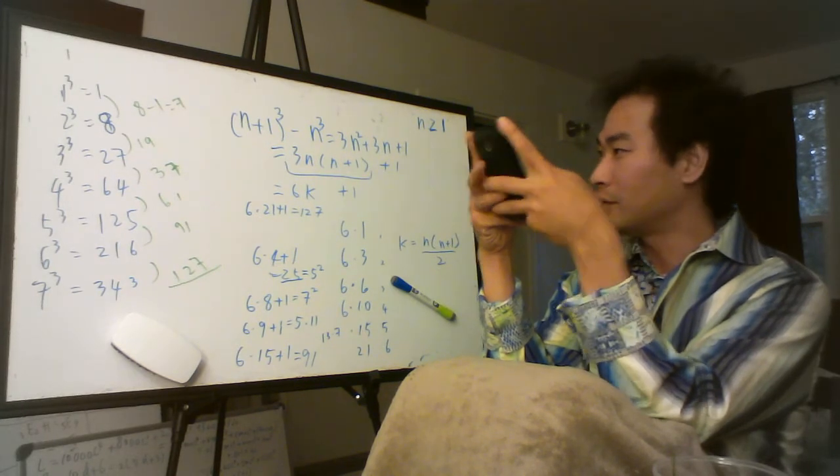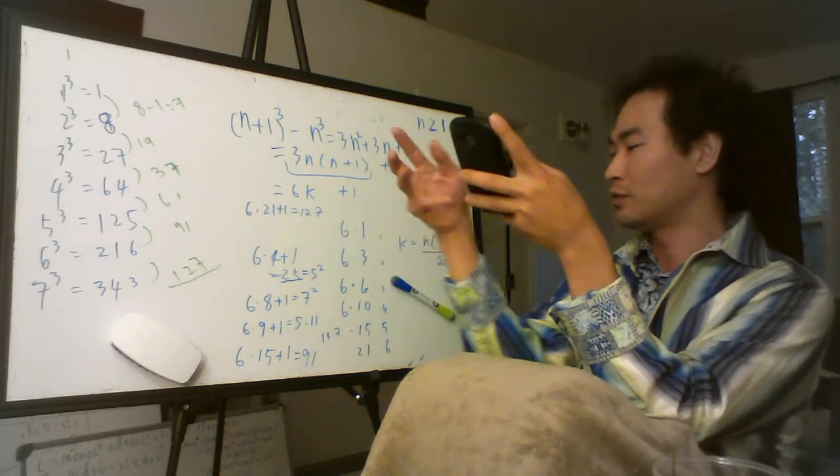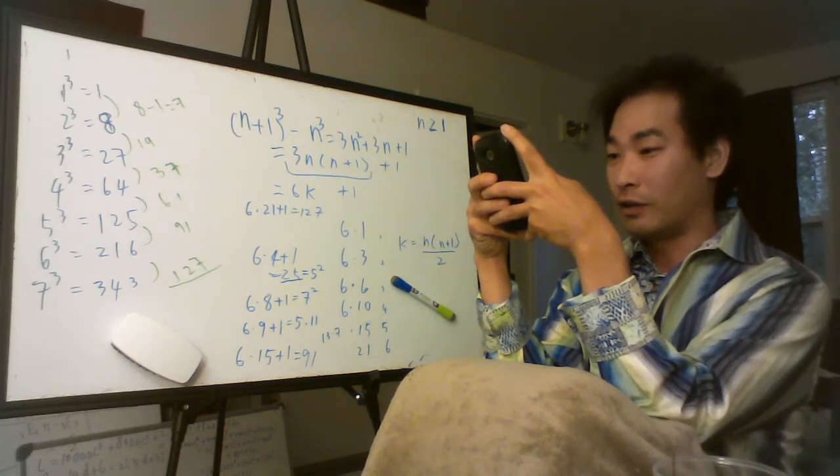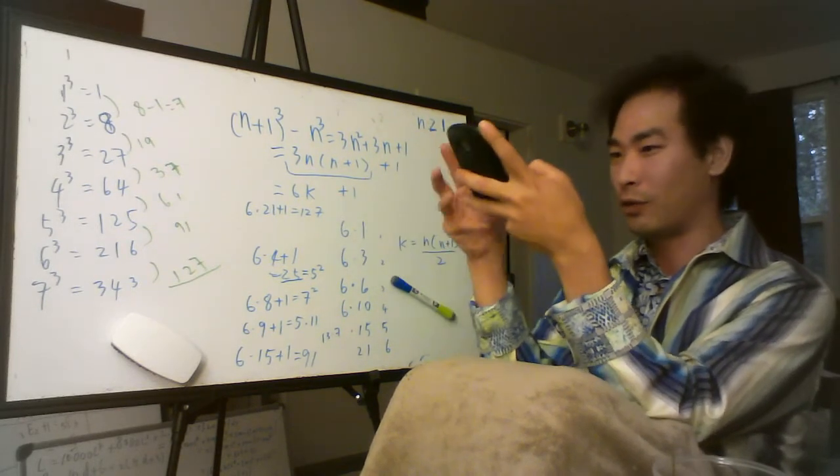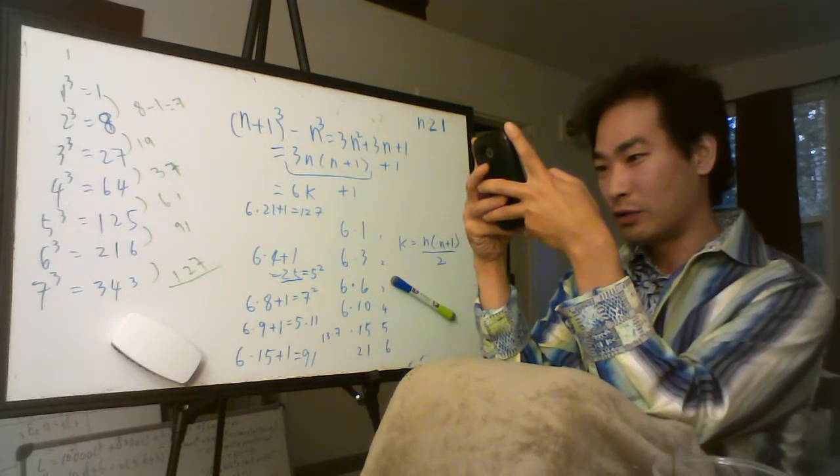Somebody already found this 6k plus 1 tends to be, or there are a lot of prime numbers in this family, 6k plus 1, but not always. So somebody already noticed that. That's good.